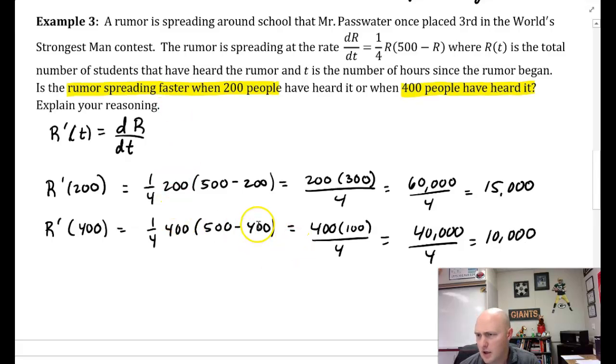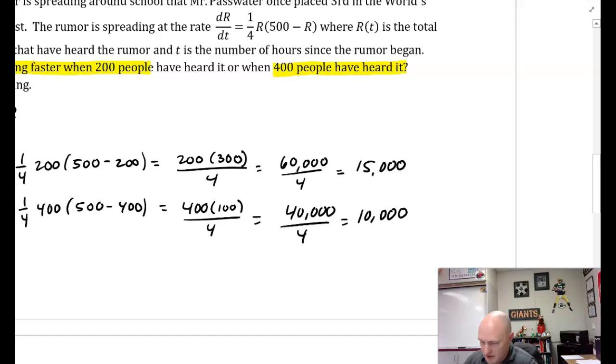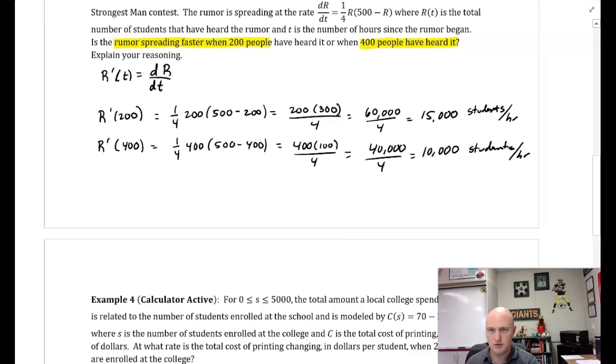Okay, and again, the units on these, this is students per hour, so students per hour, okay, and so which one is it? Which one's faster? Well, it looks like r prime of 200 is more.